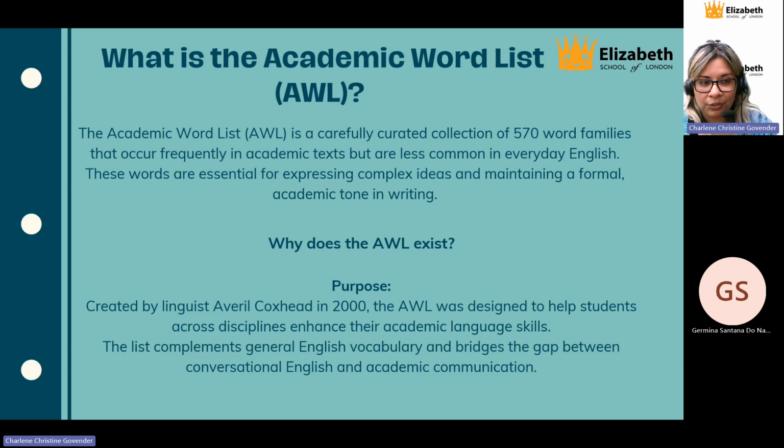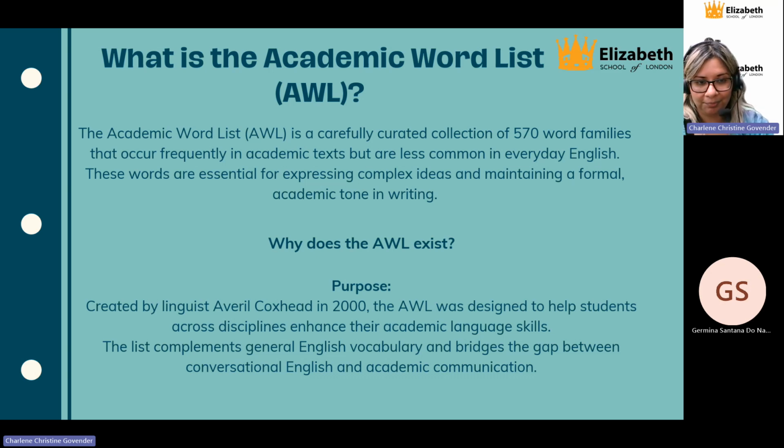These words are what you are going to use in an academic setting, whether writing in an academic way or talking in an academic way. If you're having a discussion in class, you would want to use these words in your vocabulary to illustrate your points, okay?